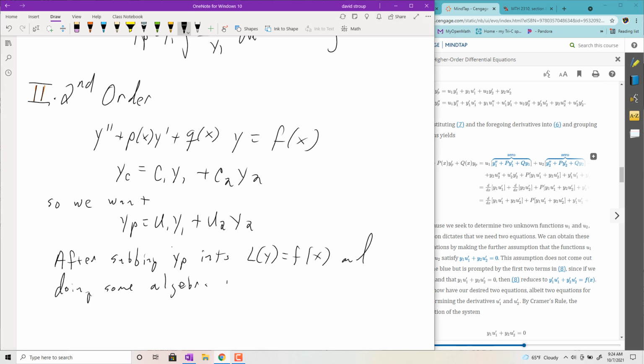So after doing some algebra, we are left with the following system.